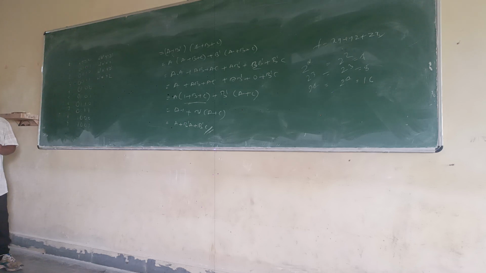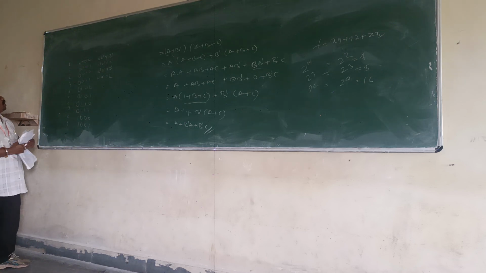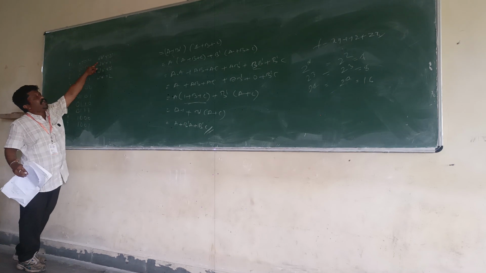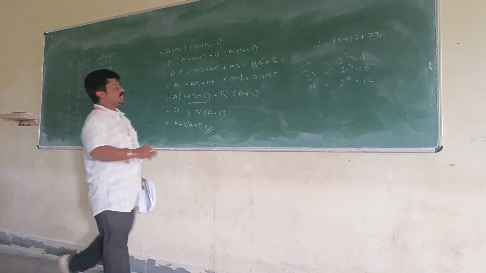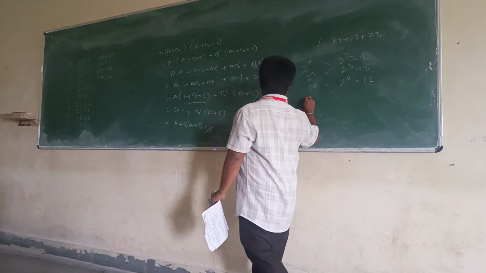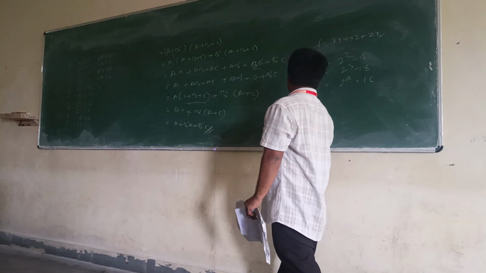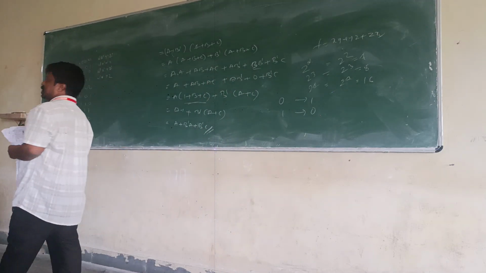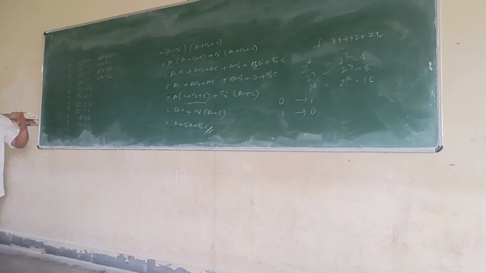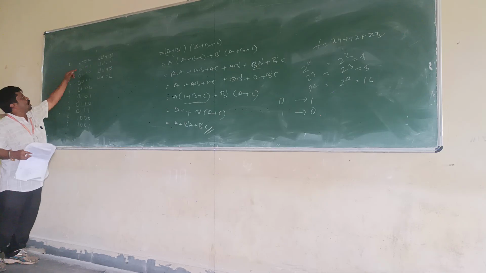Wherever you find zeros, write them with the bar, which is the complement form. Complement of 0 is 1, and complement of 1 is 0. Any variable with 0 is considered the complement of the original variable.